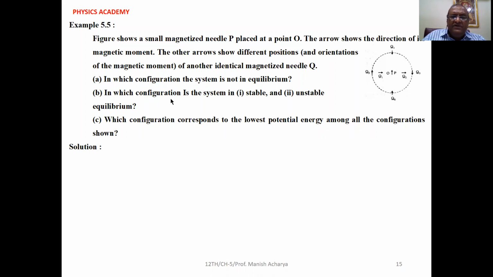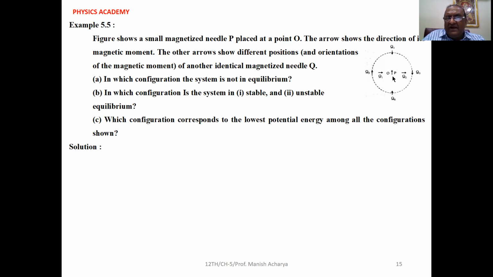B. In which configuration is the system in 1. stable and 2. unstable equilibrium? C. Which configuration corresponds to the lowest potential energy among all the configurations shown?